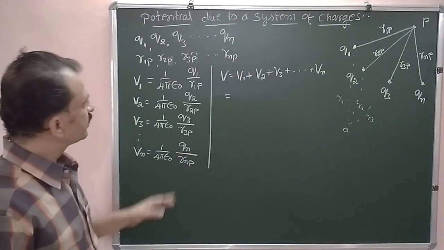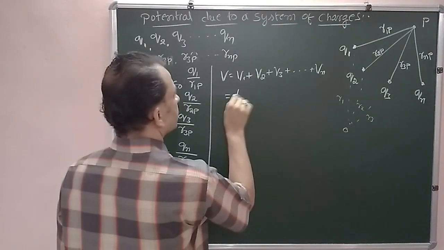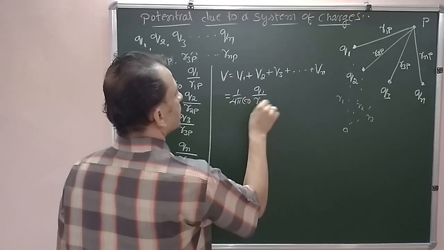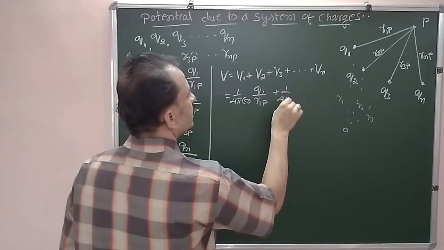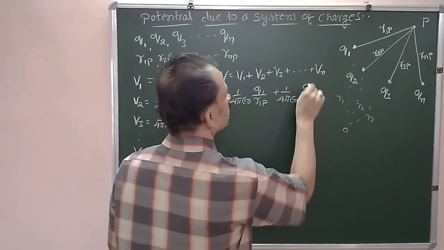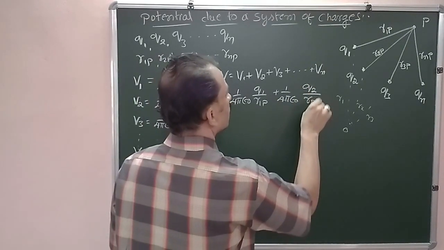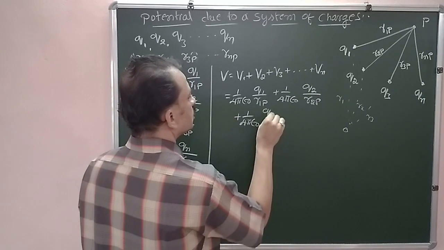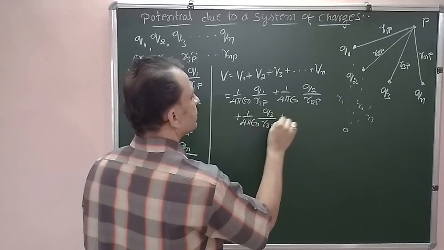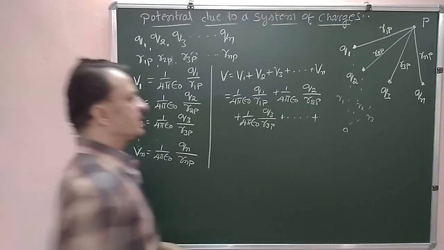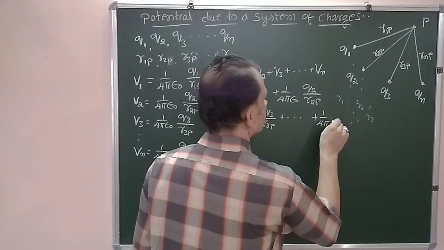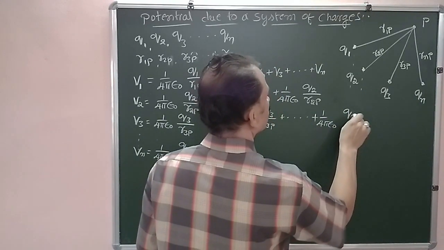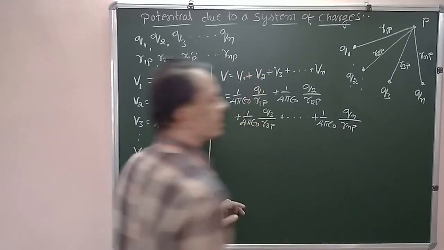Substituting the values, 1 divided by 4 pi epsilon naught Q1 divided by R1P plus 1 divided by 4 pi epsilon naught Q2 divided by R2P plus 1 divided by 4 pi epsilon naught Q3 divided by R3P, and so on, up to the nth term 1 divided by 4 pi epsilon naught into Qn divided by Rnp.